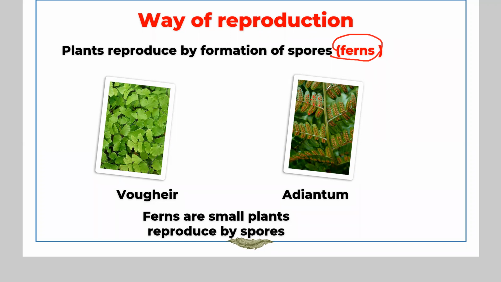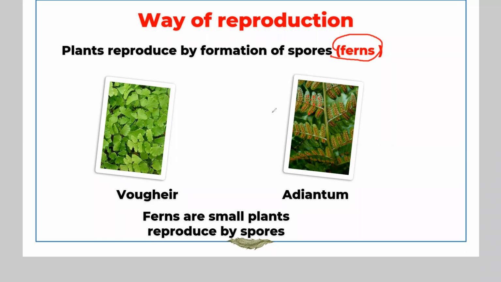So the main reason for the reproduction is getting new individuals, because each spore will make a whole new plant.